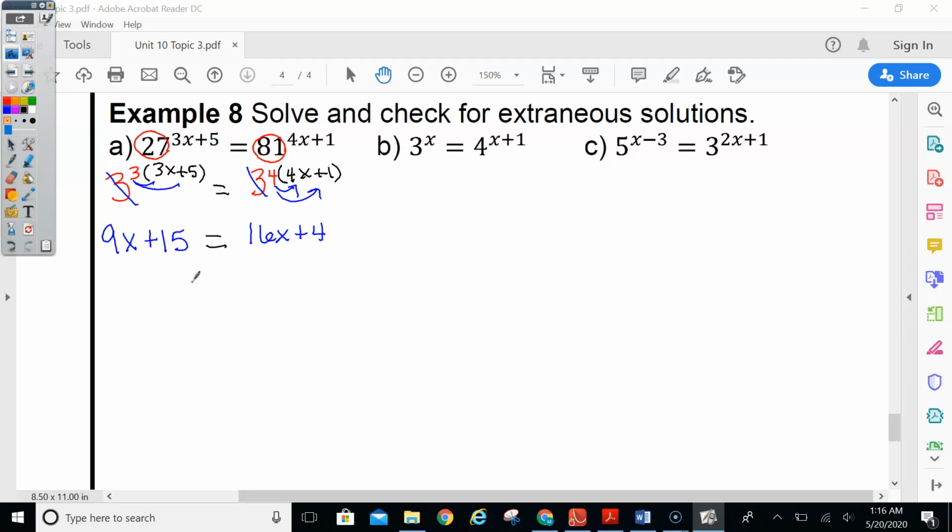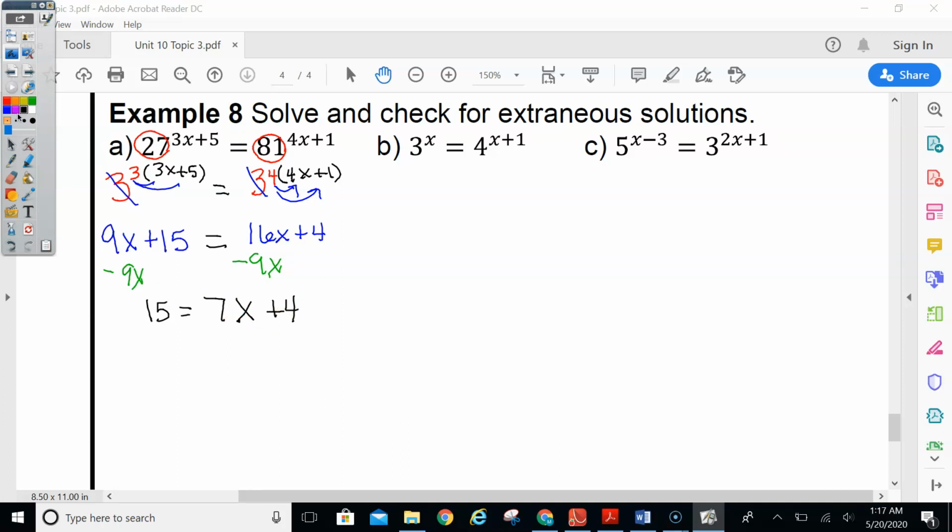So we subtract 9x from both sides. 15 equals 16 minus 9 is 7x plus 4.